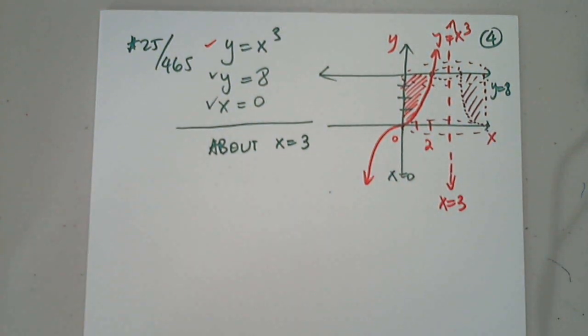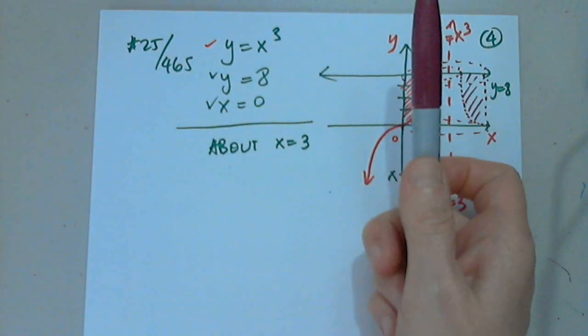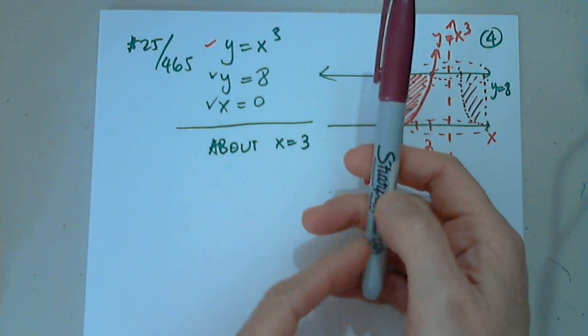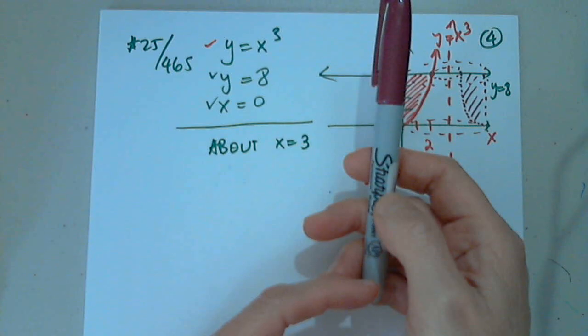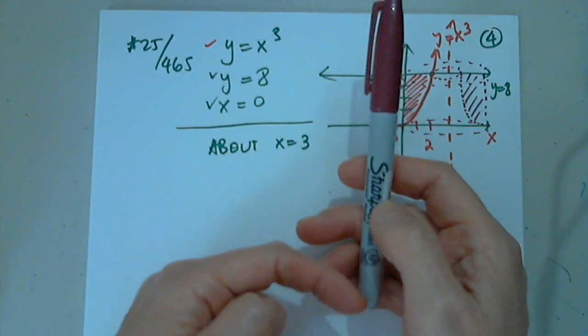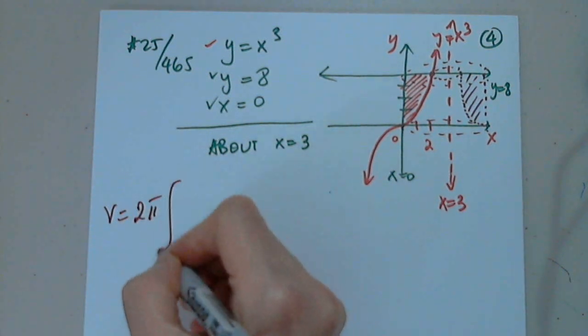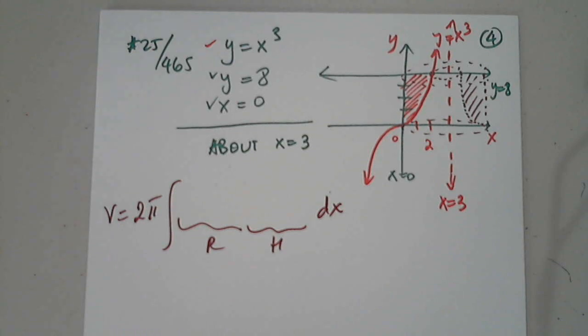Good. For the method of cylindrical shells, when we are rotating with respect to a vertical axis, we integrate with respect to x, not with respect to y. So then the volume will be 2 pi, the integral of radius times height, dx.